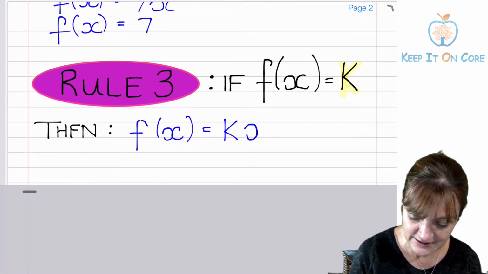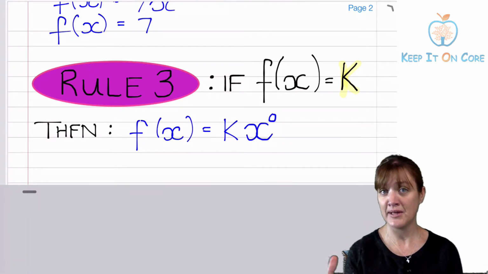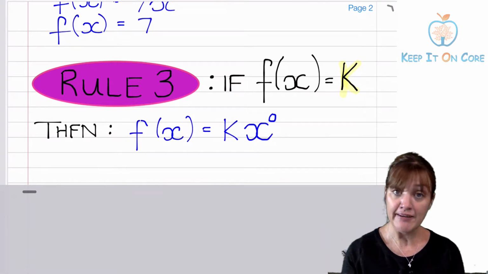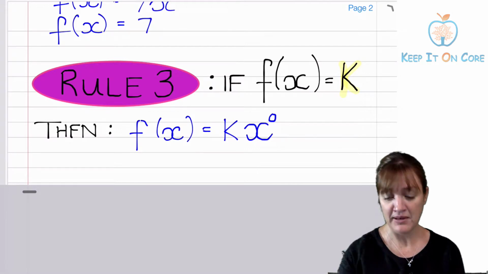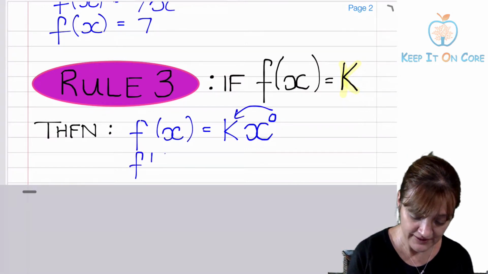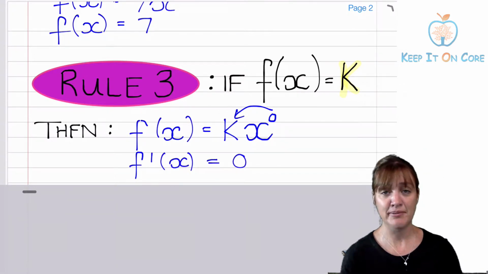If I did put an x behind it, it would have to be to the power of 0, because anything to the power of 0 is 1. So if I went back to applying rule 1, anything multiplied by 0 is just 0. It would just end up being 0.